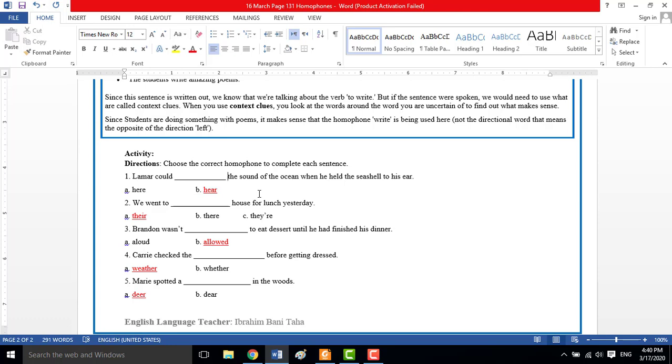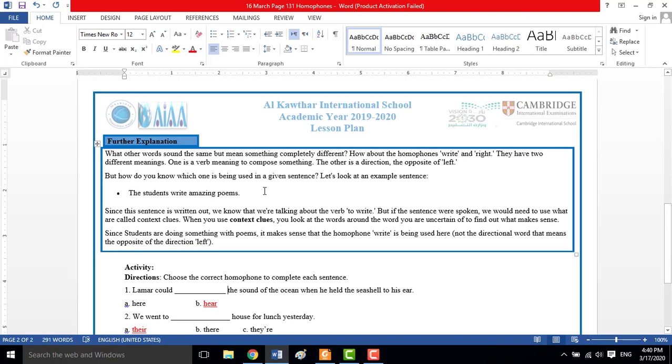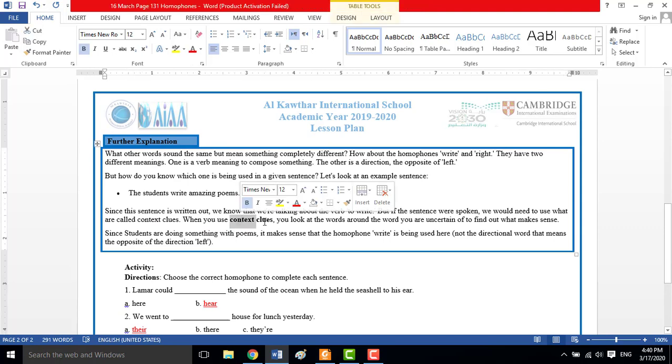So if we have a different sentence, that means we may have a different spelling, because we have a different meaning. It depends on the new sentence and the meaning of this new sentence. Again, this is the most important thing, context clues, which is the most important part of our lesson.